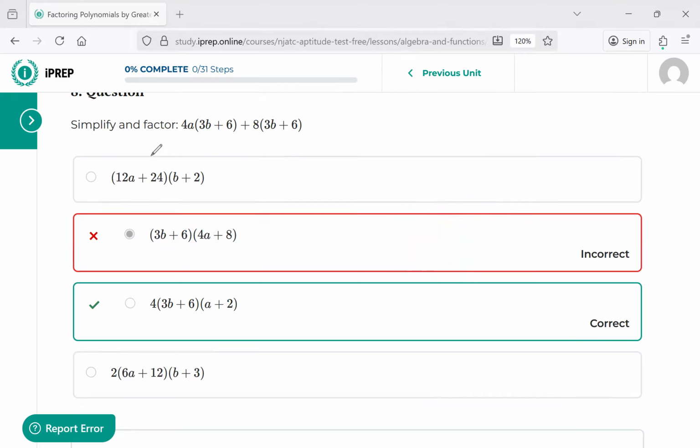So they took out a 4. You have a 3b plus 6 and a 3b plus 6. So you have a repeat. So you just bring that down. And then you bring down your leftovers, 4a plus 8. Oh, I know. Wait.